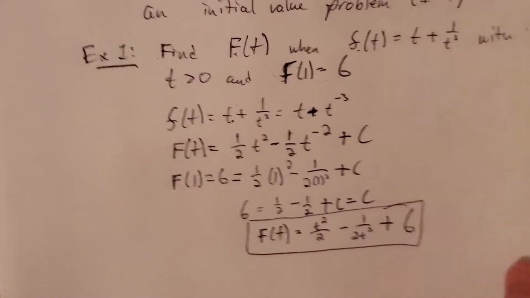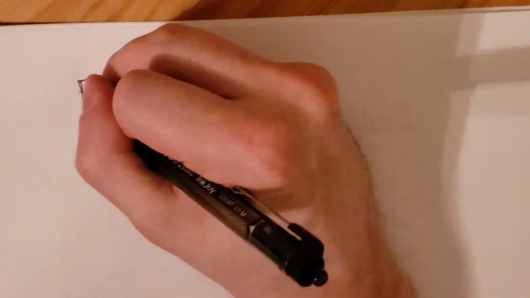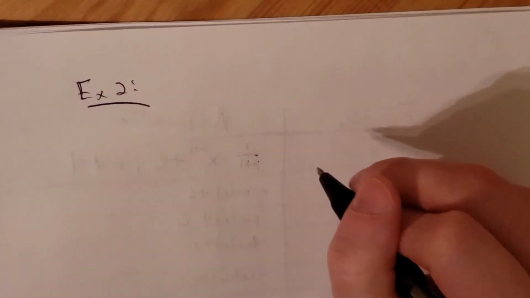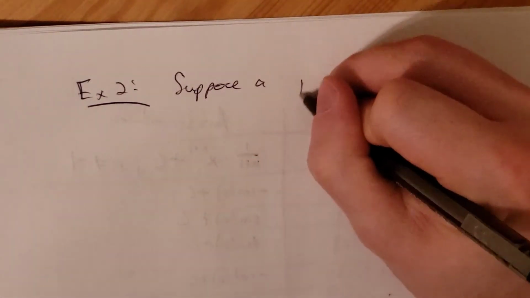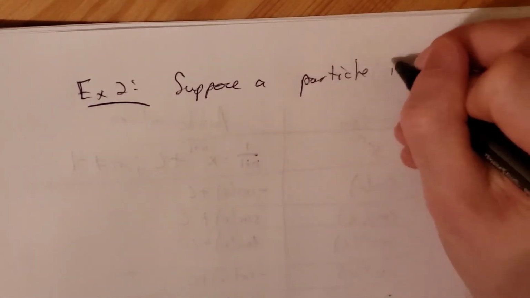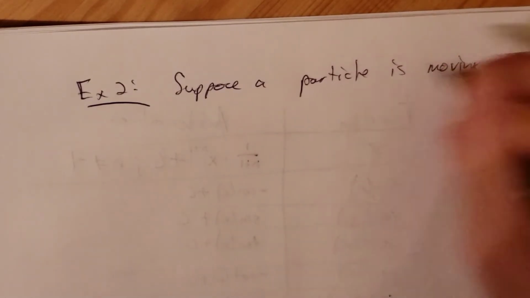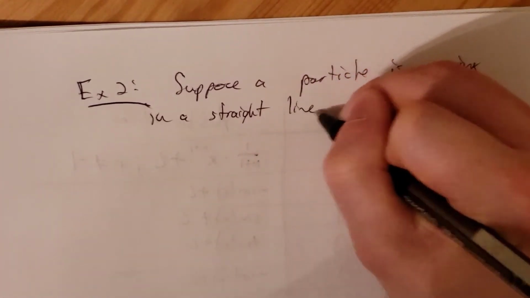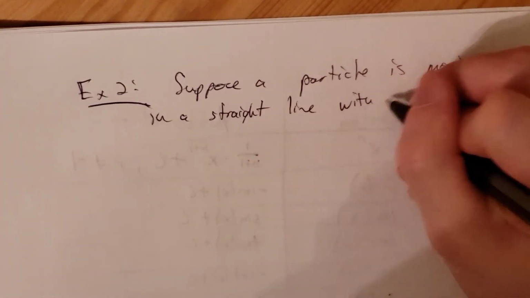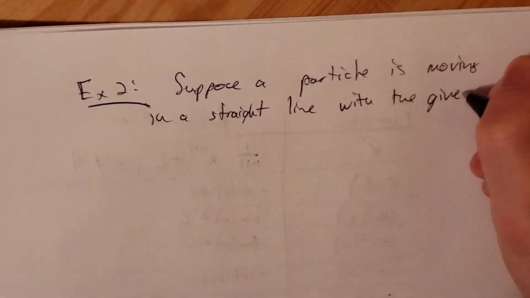All right. Let's go ahead and do something very similar here, but relate it back to the position function, velocity function, and acceleration function. So in example 2 here, we are going to suppose a particle is moving in a straight line with the given data.